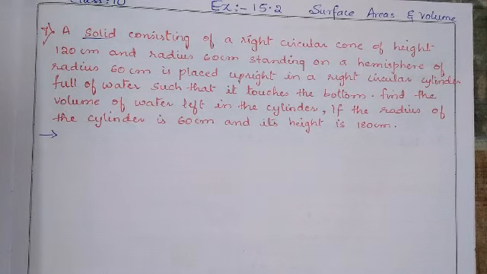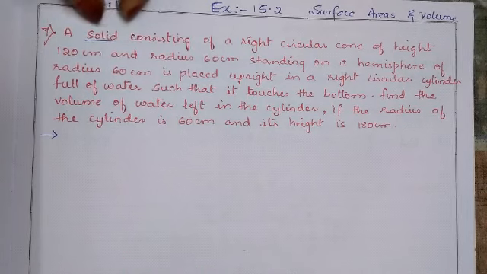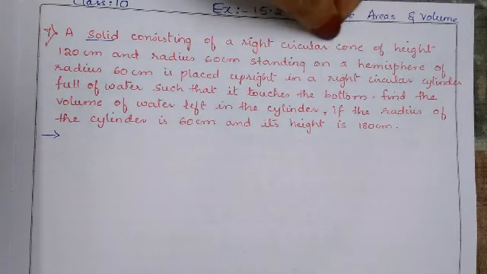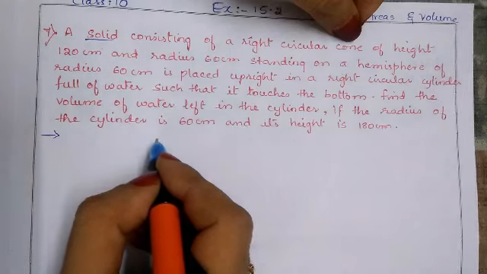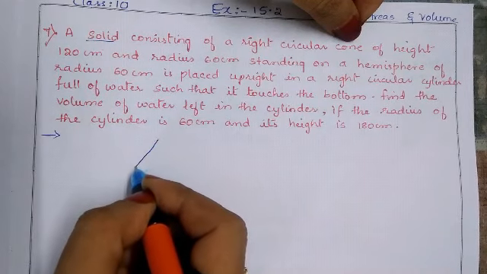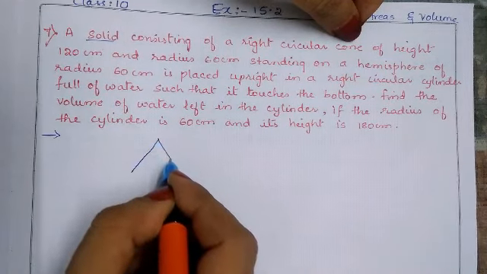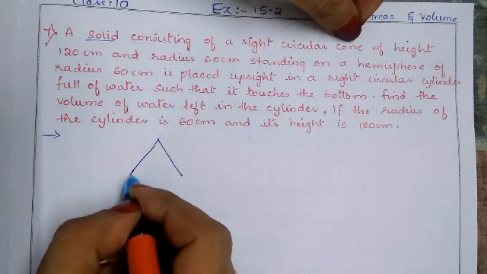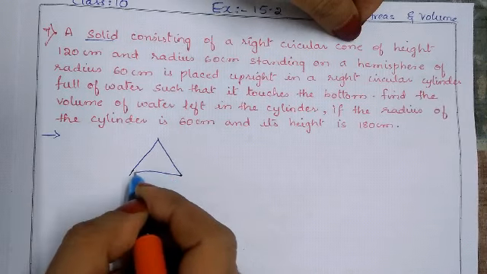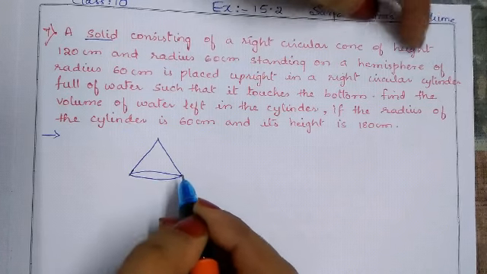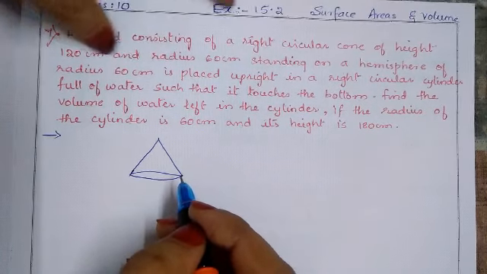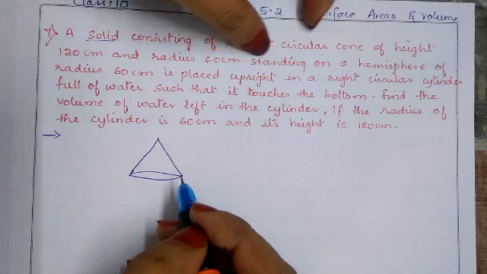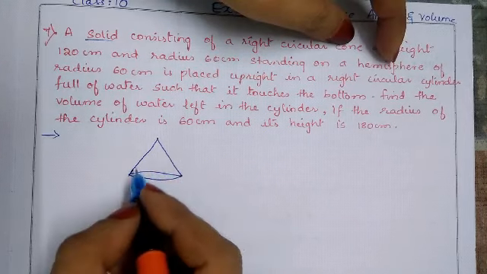Here the question is very easy. They have told properly here. A solid consists of a right circular cone. Let me draw a small right circular cone, of height 120 centimeter and radius 60 centimeter, standing on a hemisphere.